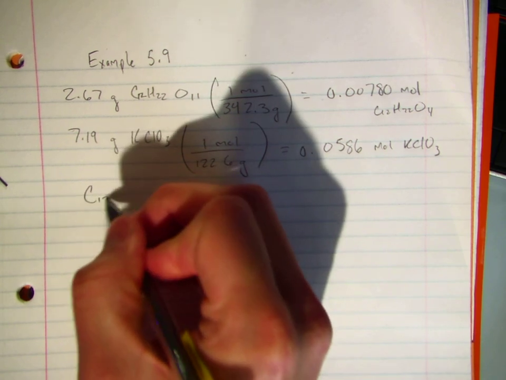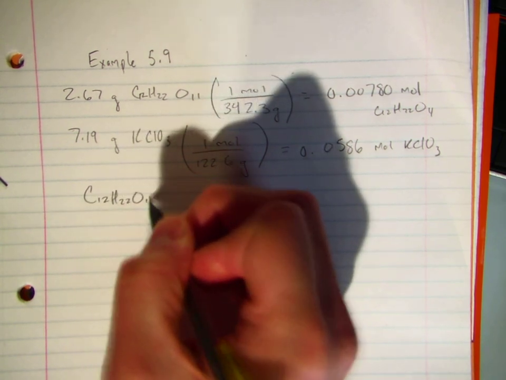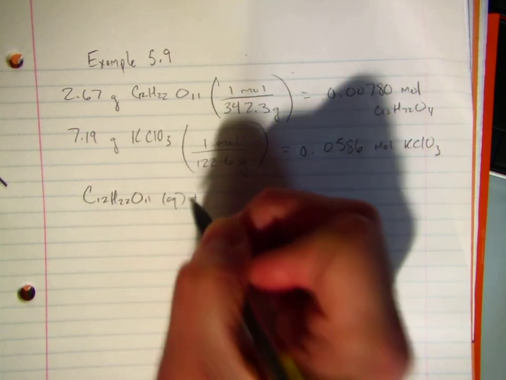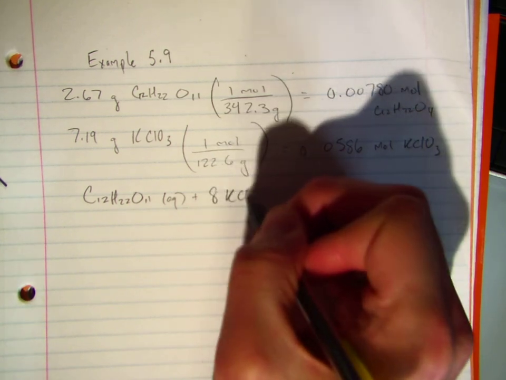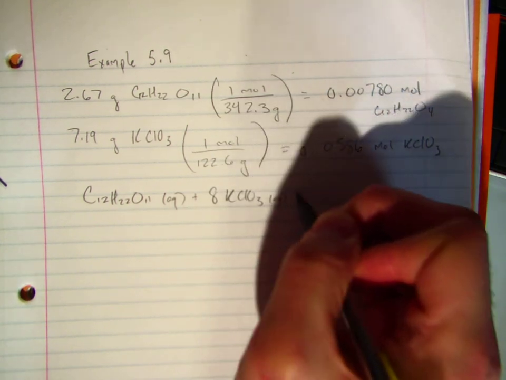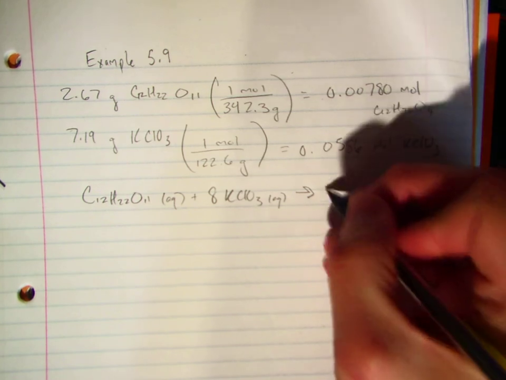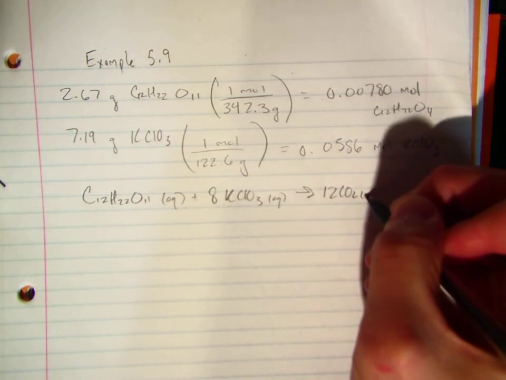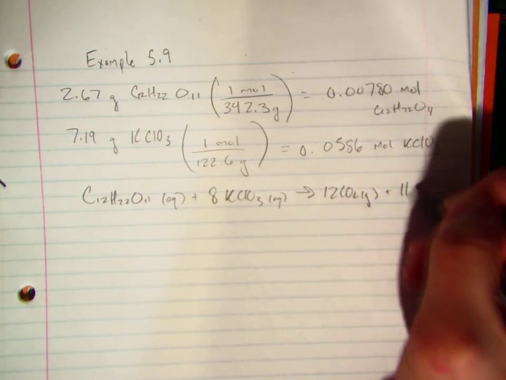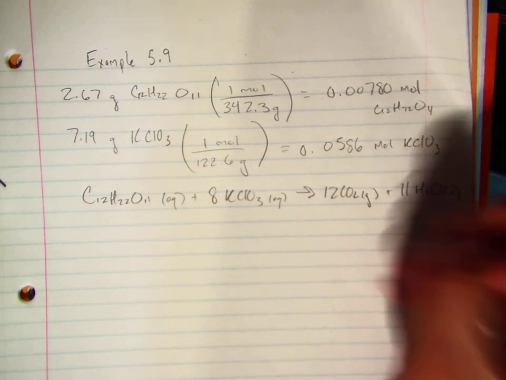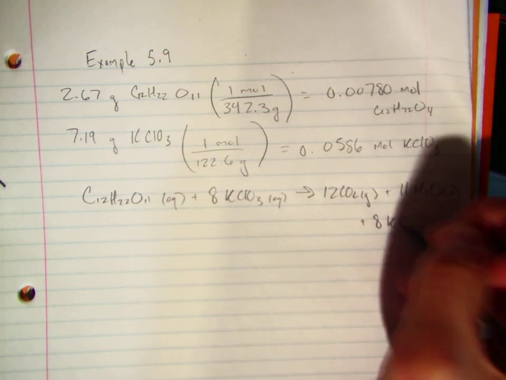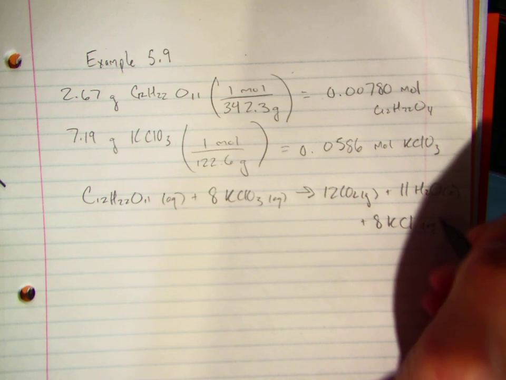If I look at my balanced chemical equation, it's 1 sucrose in the aqueous phase plus 8 potassium chlorates in the aqueous phase go to 12 CO2s in the gaseous phase, 11 H2Os in the liquid phase, and 8 potassium chlorides, again in the aqueous phase.